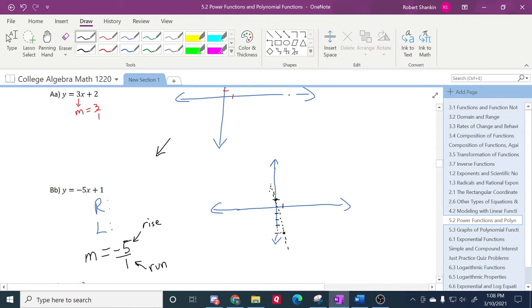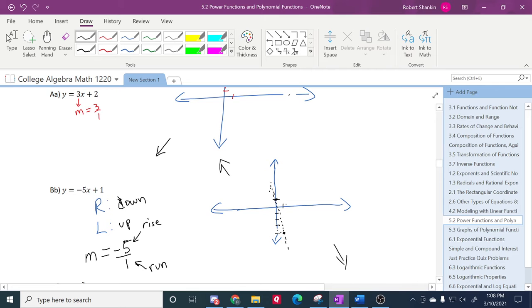Now, what does this tell me about the end behavior? We'd really get rid of all this. We'd say on the far right, it's going down. And on the far left, it's going up. So on the far right, it's down. On the far left, it's going up.